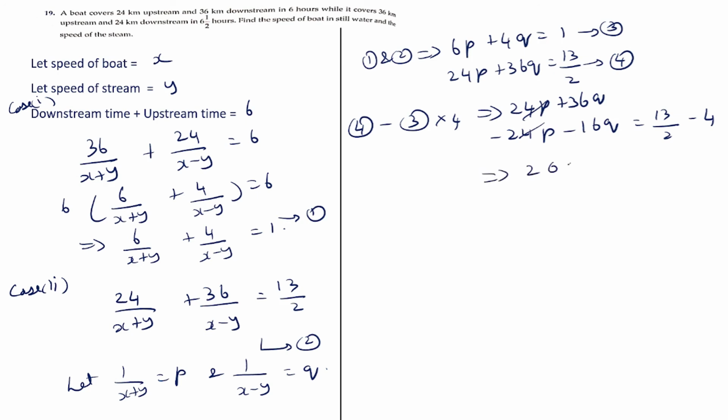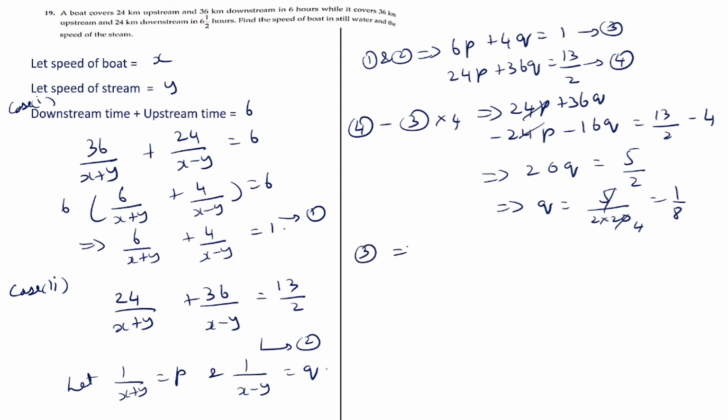So 20q is equal to, here 13 minus 8 is 5 by 2. So from this we can find q is equal to 5 by 2 into 20, or it is 1 by 8.